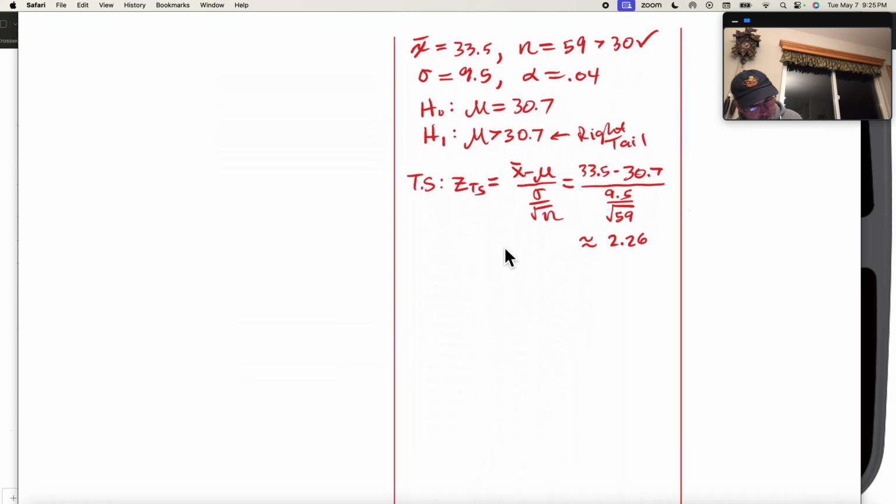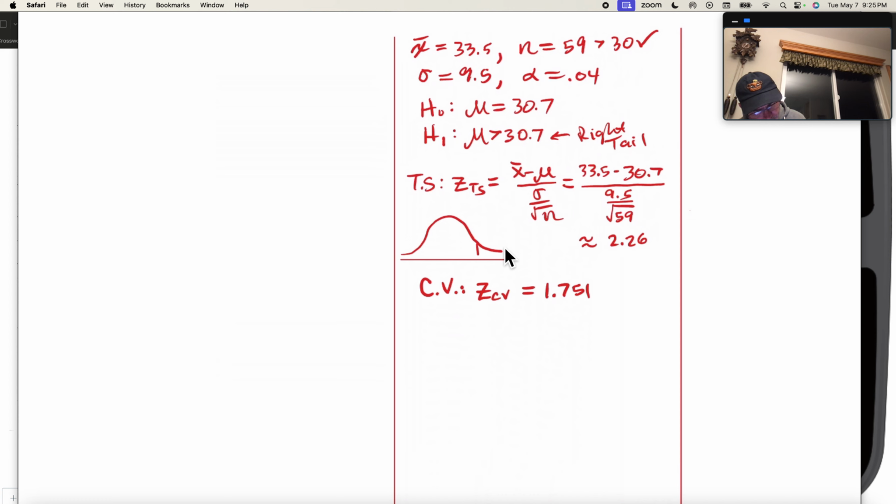Okay, so the z critical value, I'll do this with a CV. CV is 1.751. Okay, and maybe I'll just sketch a little kind of a cheesy diagram here. And just a kind of quick reminder how this works.